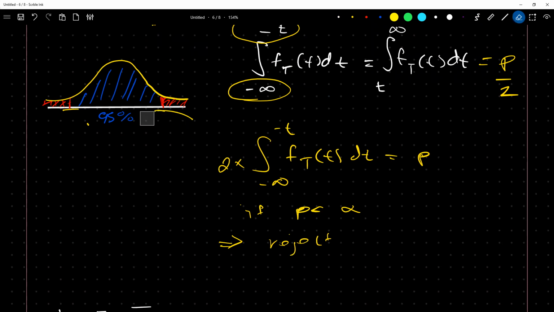But we'll just consider this red region to be whatever the area is. So that means that here it's going to be negative 1.746, and then over here it's going to be 1.746.